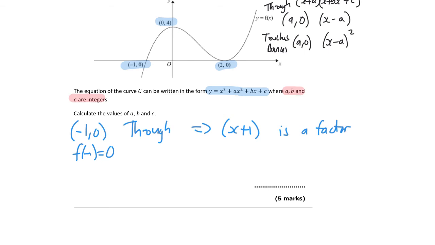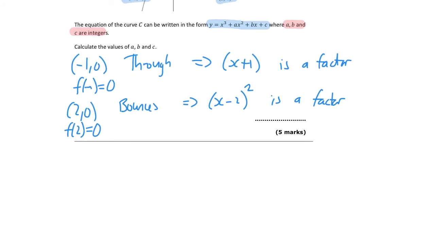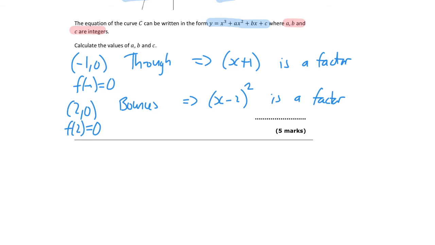I also know, looking at the diagram and reading the question, that at 2, 0 it bounces, which means that x minus 2, because f of positive 2 would be 0, so therefore it will be x minus 2. Now if I square that, that is also a factor. So my curve y is going to equal x plus 1 times x minus 2 squared.